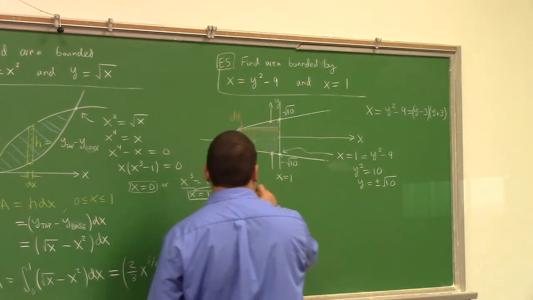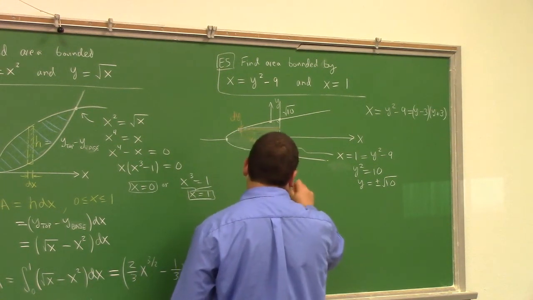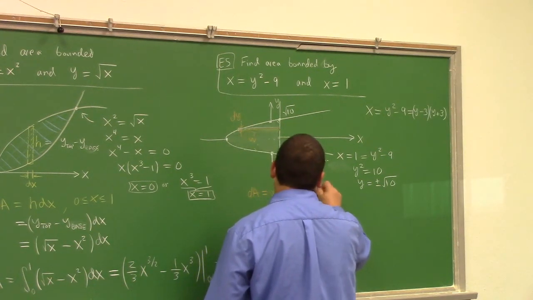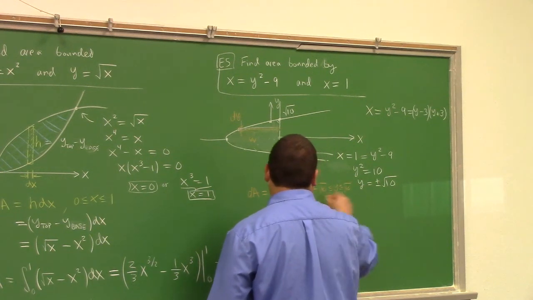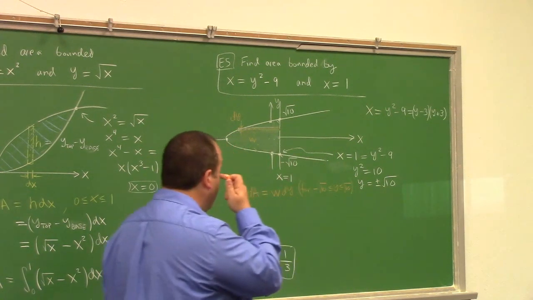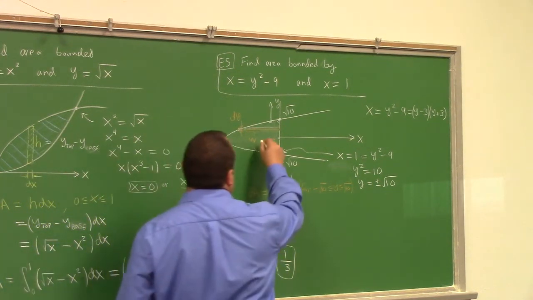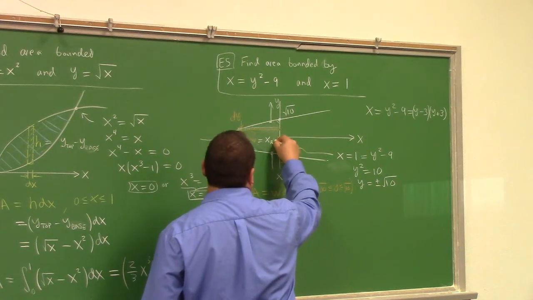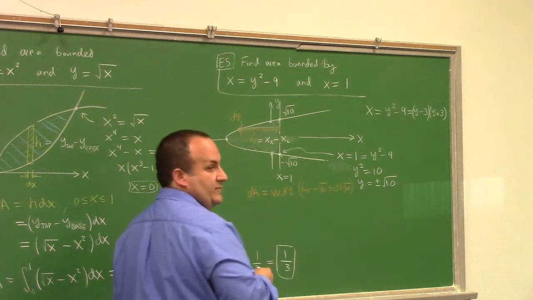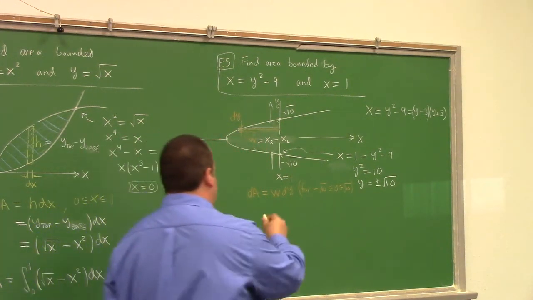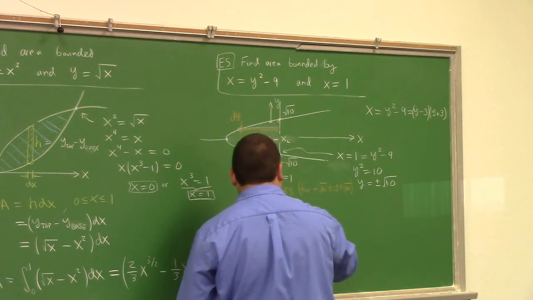So dA here is W dy, for minus root 10 less than or equal to y less than or equal to root 10. But what is W? I say it's the right x minus the left x, right? Right minus left. So the right x minus the left x, dy.